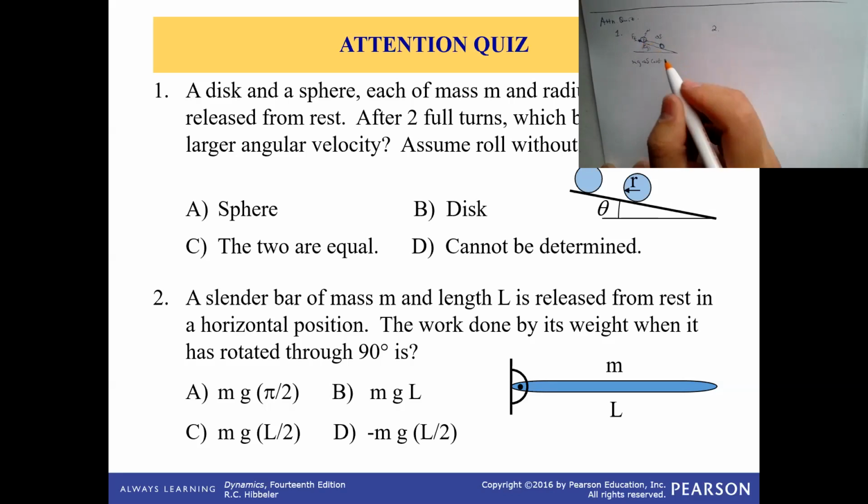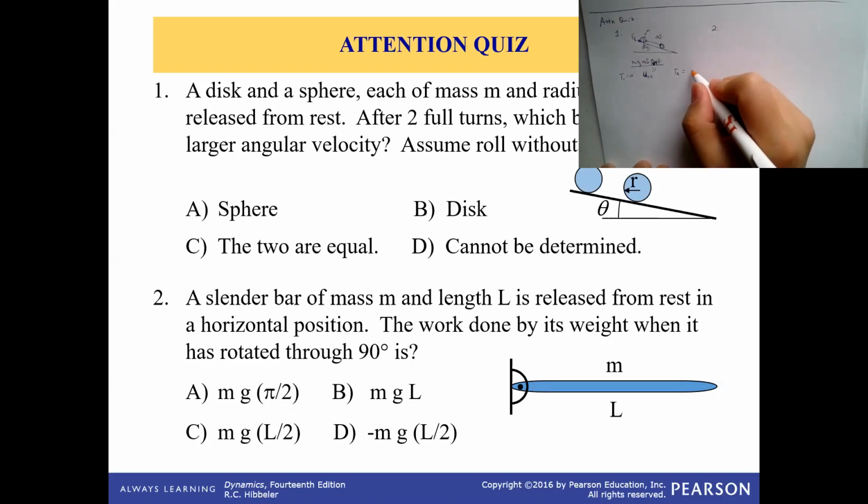If that's the angle theta, in this case it will be sine of theta. I'm sorry about that. Then work will be the same. Now the final kinetic energy. So T1 will be 0 again. This is the work done from 1 to 2 equals this guy.